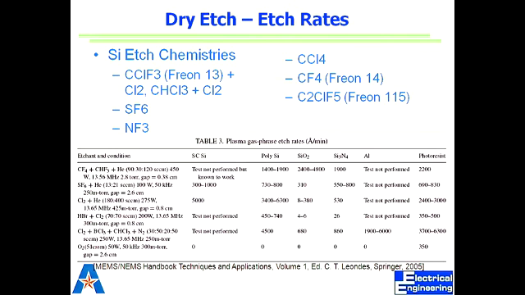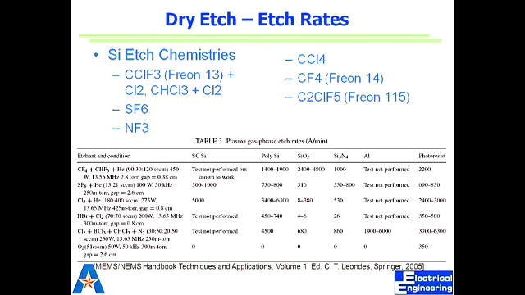Okay, so silicon etch chemistry. You can see that etch rates are given in angstrom per minute, and just to figure out what the film to mask ratio will be, the photoresist etch rate is also given, so that you know whether you can use photoresist as a mask for this process or not. For example, if I want to etch polysilicon, I cannot use photoresist as a mask, because photoresist has a higher etch rate than the polysilicon.